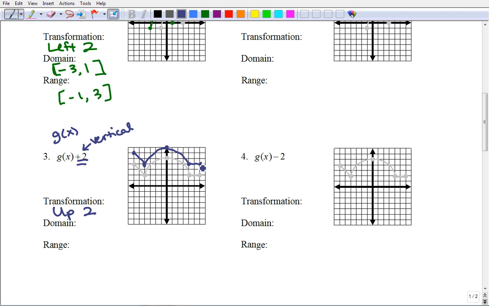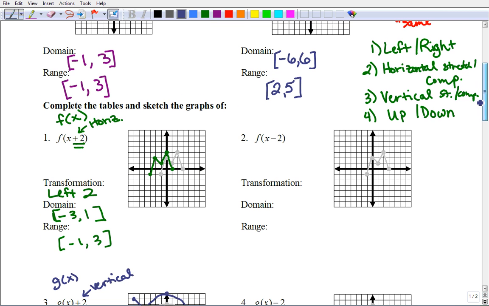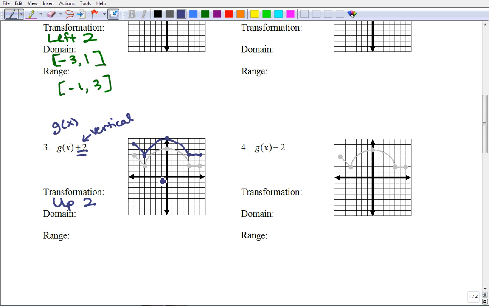That's my new graph. Okay, so because I didn't move anything left and right, my domain has not changed. My x values were not affected for each of my points. So my original domain, looking back up here, was [-6, 6]. And looking at our graph now, our domain is still the smallest is at -6 and the largest x value is at +6.